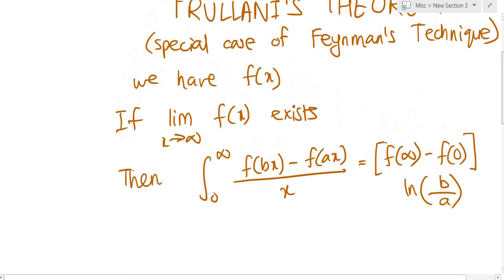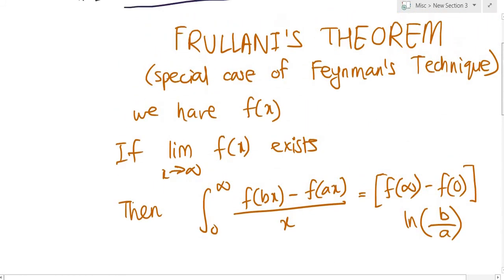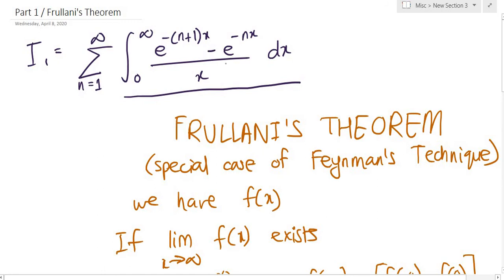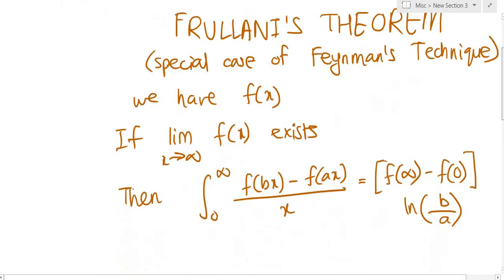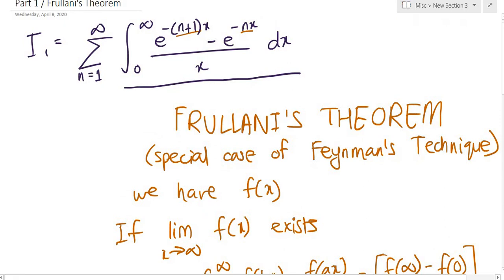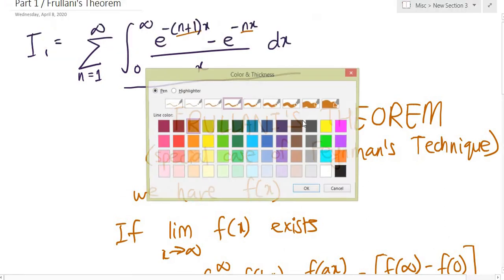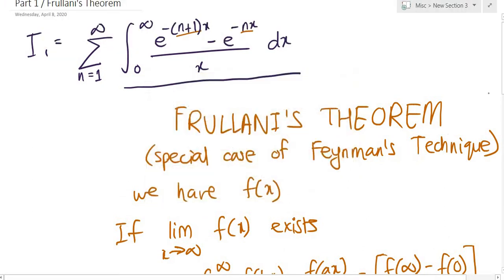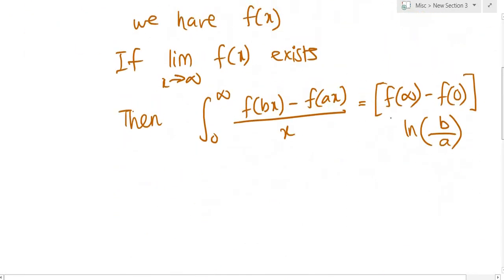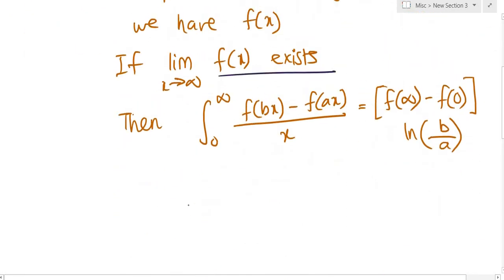So now how are we going to apply this to our original integral? Notice that we have similar functions here with differing coefficients. Applying it to our case, let's first define what our f of x is going to be, and then we can check the first condition.